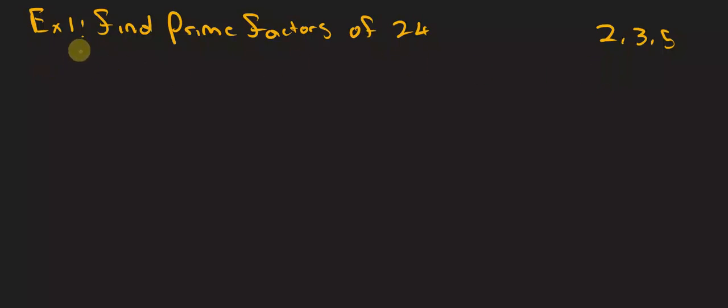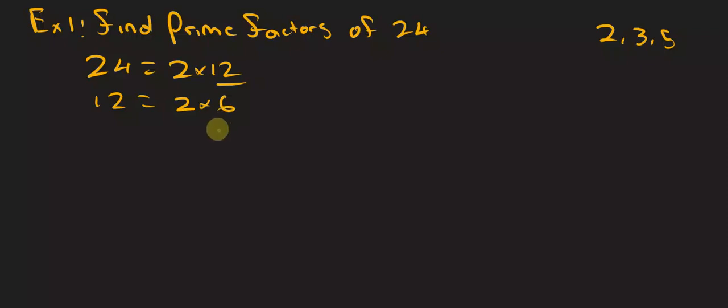Right. So 24 is equal to 2 times 12. And take a look at 12. 12 is equal to 2 times 6. We can go further. 6 is just 3 times 2. We can't go any further because we have reached our destination.